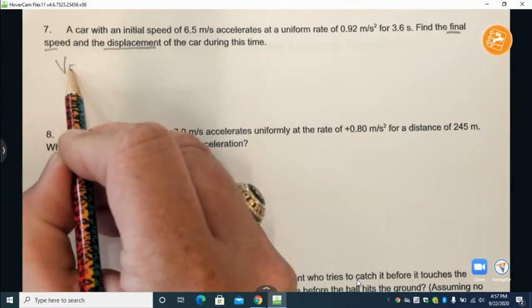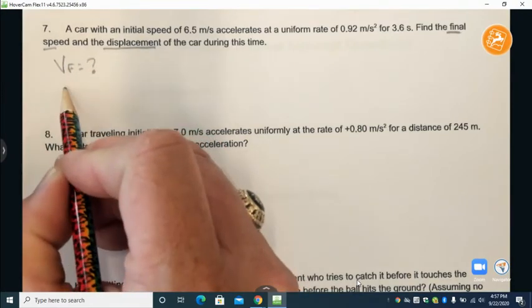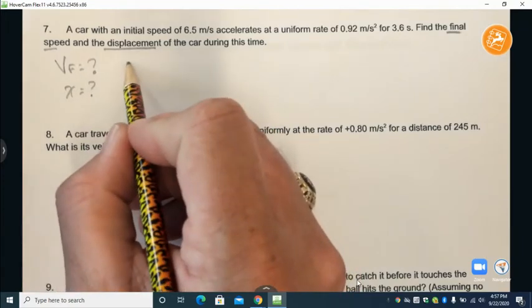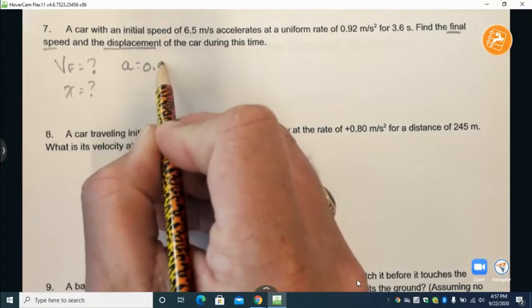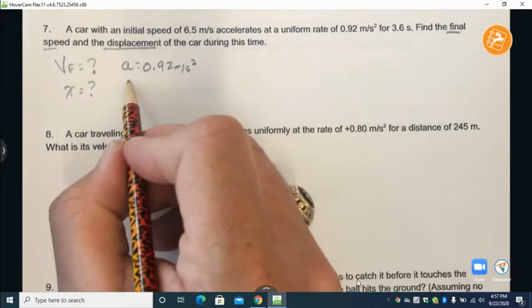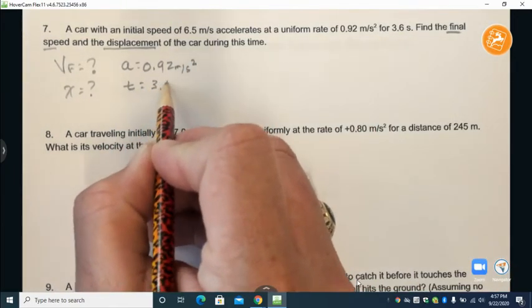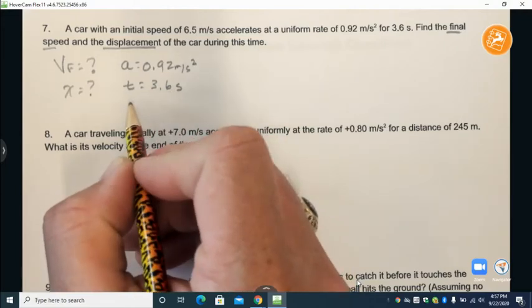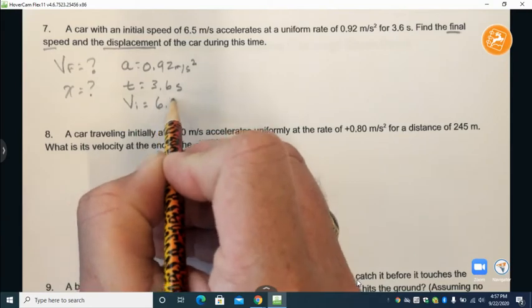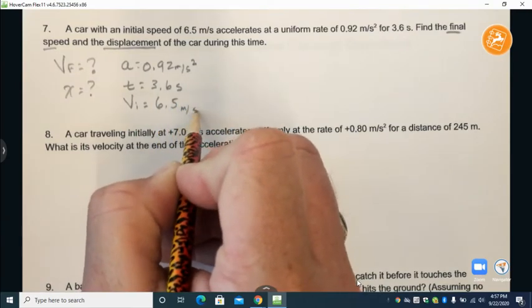We want to know VF equals, and we want to know displacement equals. Our givens in this question are acceleration, 0.92 meters per second squared, and time of 3.6 seconds, and an initial speed, a VI of 6.5 meters per second.